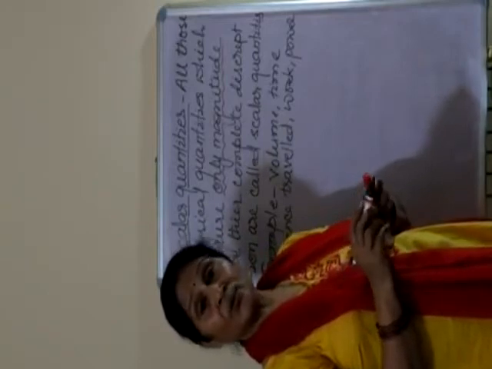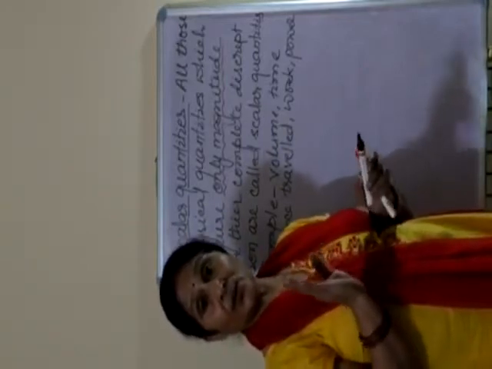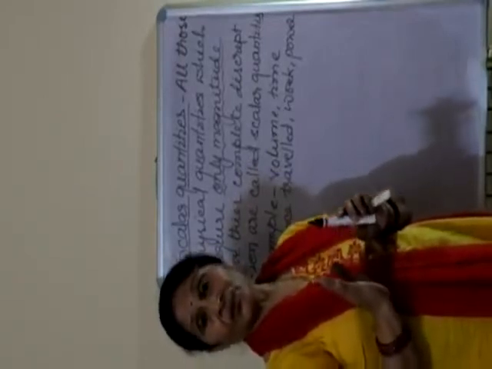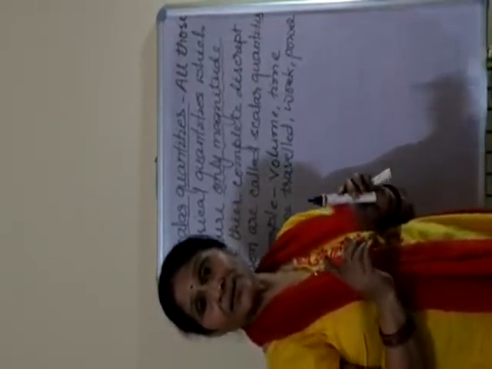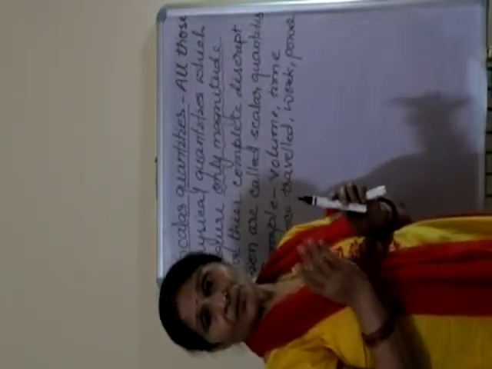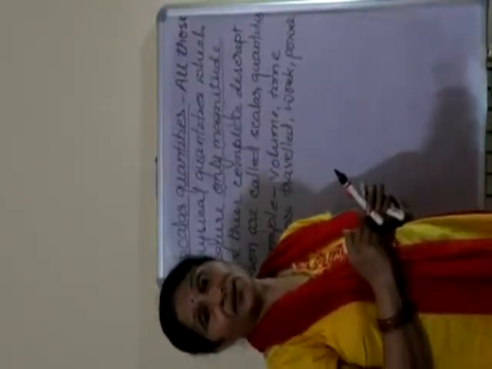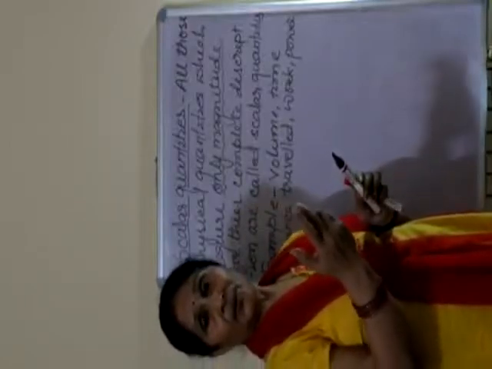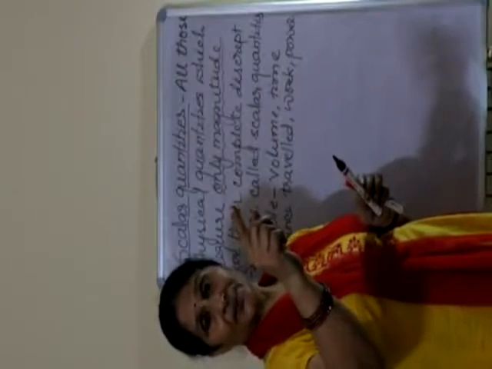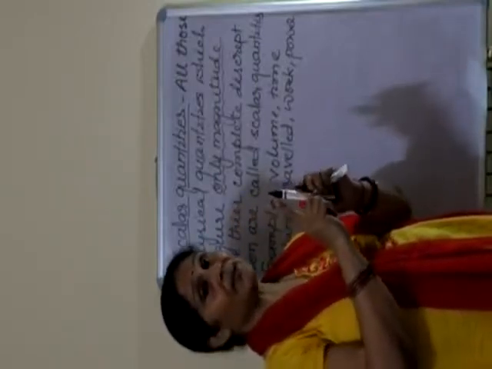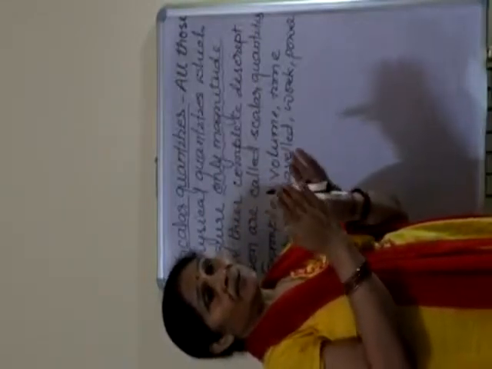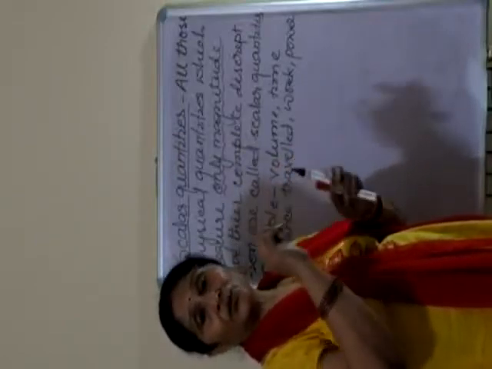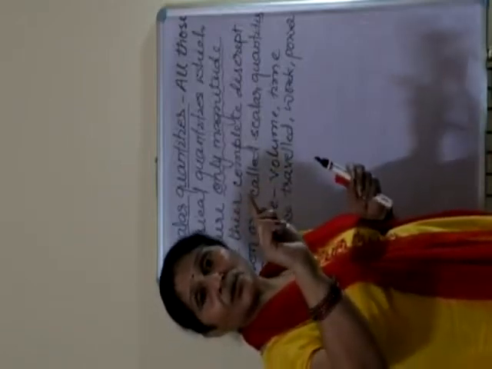The second physical quantity is vector quantity. All those physical quantities which require both direction and magnitude are categorized under vector quantity. For example, when you say a car is going with 40 km per hour towards north, here 40 is the magnitude, and towards the north is its direction.